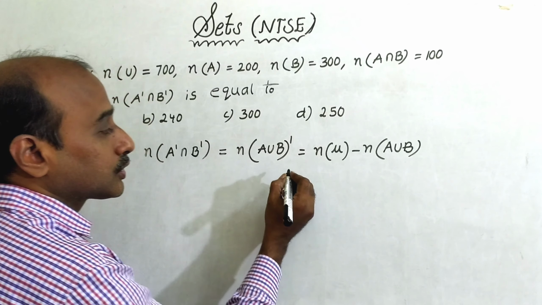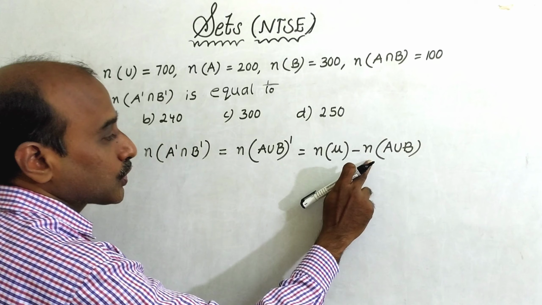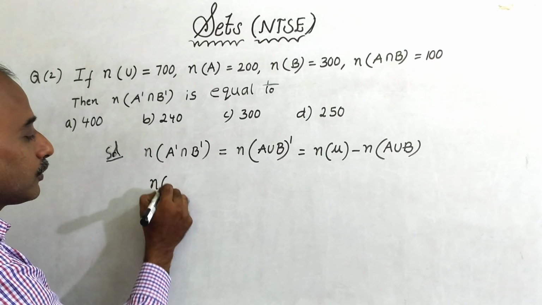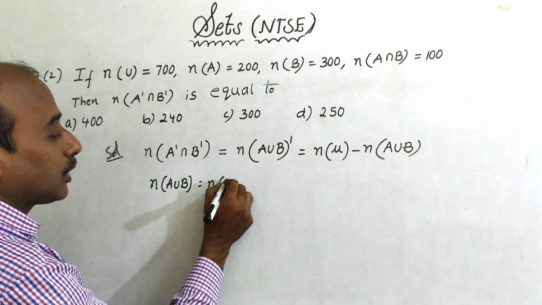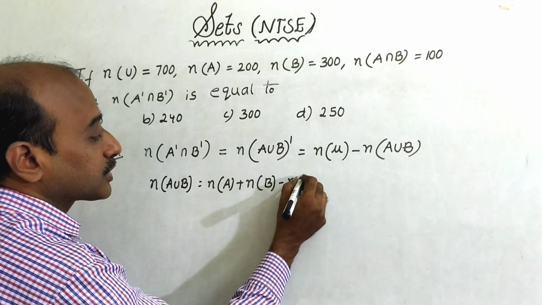Okay. So n(U) means 700. So n(A union B) you have to find out first. So n(A union B) is equal to n(A) plus n(B) minus n(A intersection B).